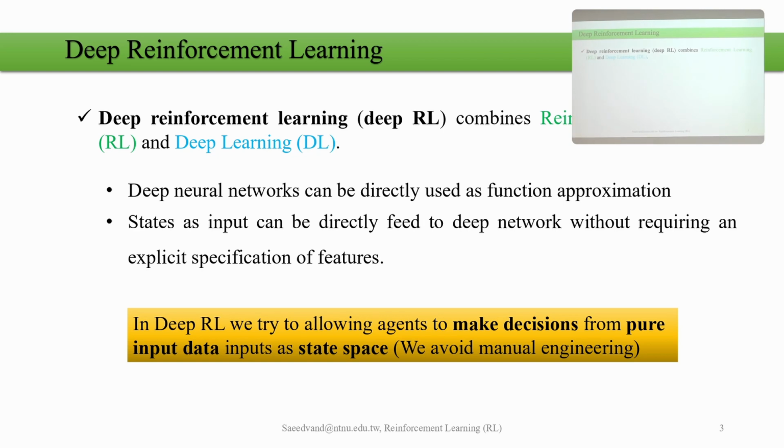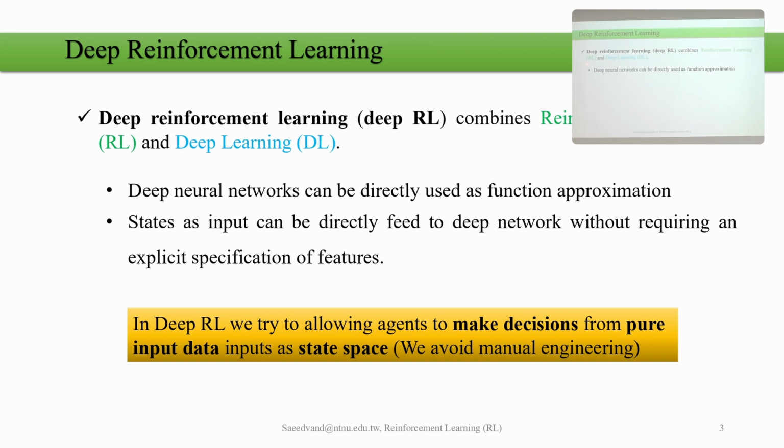If you want a general definition of deep reinforcement learning, we are combining reinforcement learning and deep learning techniques together in order to use the benefits of both to solve our problem.